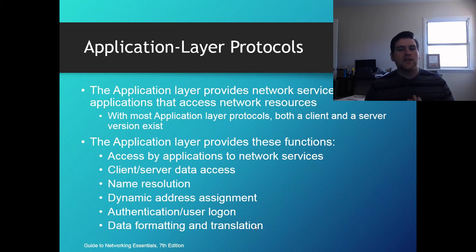Authentication, user login. To access certain network resources requires authentication, meaning a username and possibly a password. And data formatting and translation happens at this layer. We're not going to look at that in too much detail now. We'll look at that more in Chapter 7. But data formatting and translation happens at this layer.